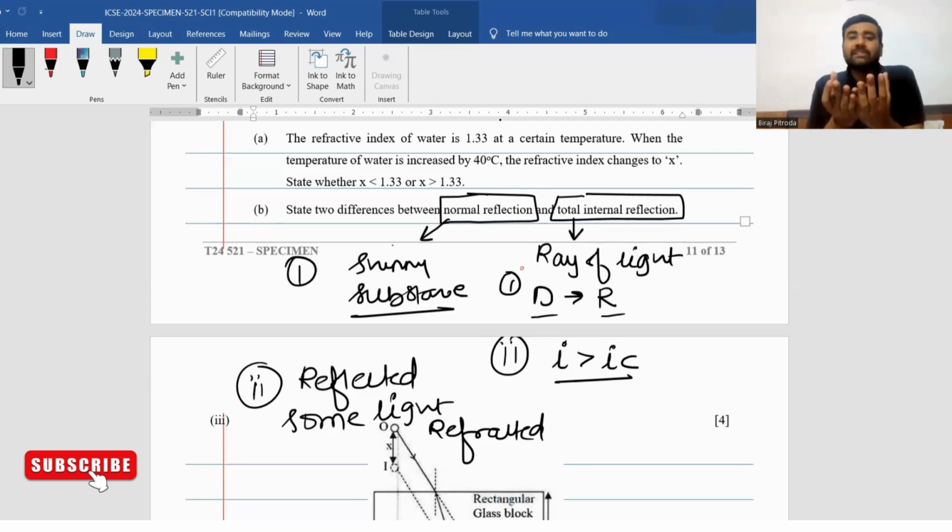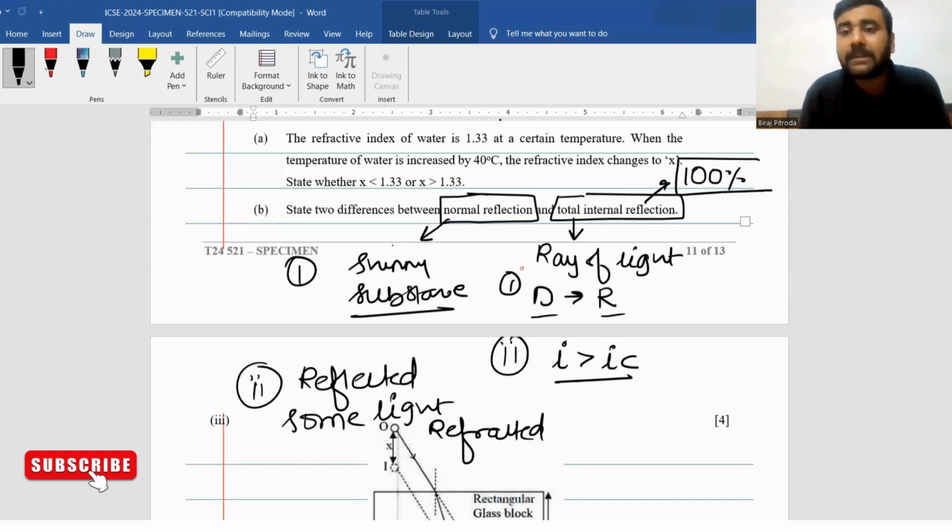So I can technically say that, just as an example, if there is 100% of light going to fall on any mirror, from that 100%, 90% rays will turn back and 10% of the light will be absorbed. But the best part of TIR is the reflection which is going to be seen will be complete 100%.